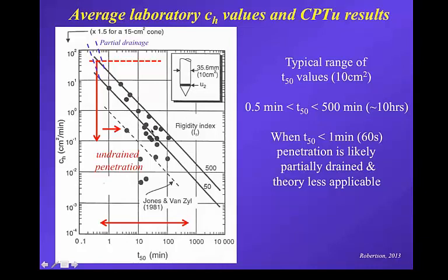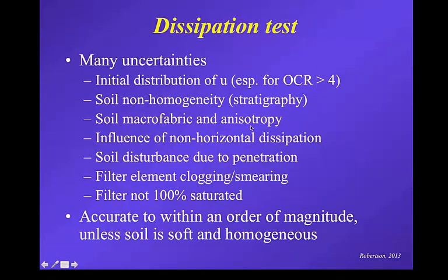For a T50 of 10 hours, you have to wait a long time in very low permeability clays. But a lot of the time, it's in the 10 to 50 minute range. Anything less than a minute, and you run the risk that partial drainage effects make the theory unreliable, and the interpretation becomes less detailed.